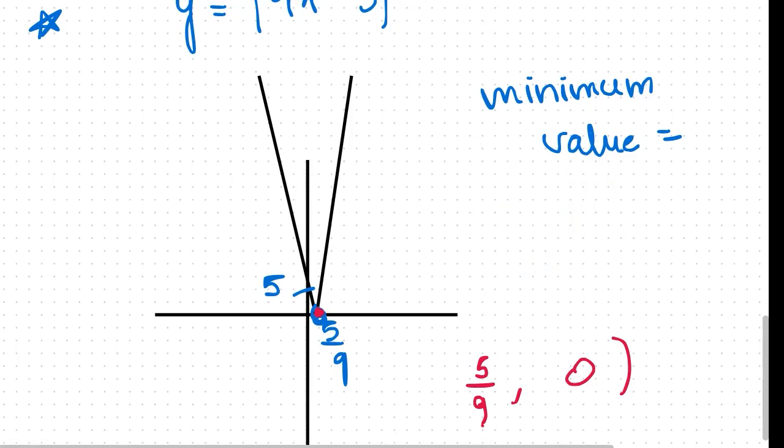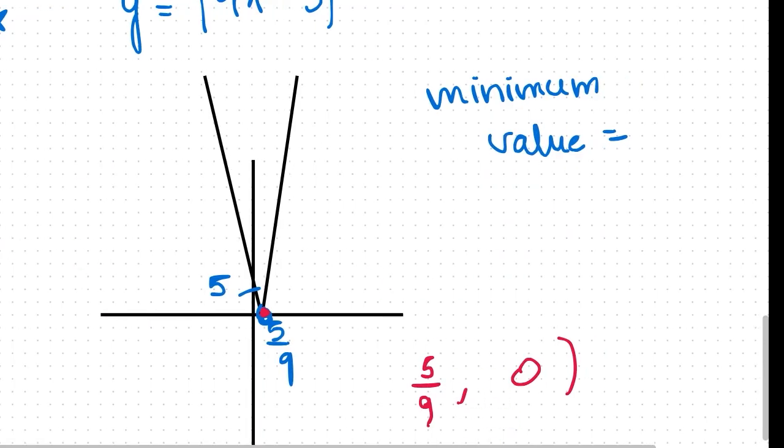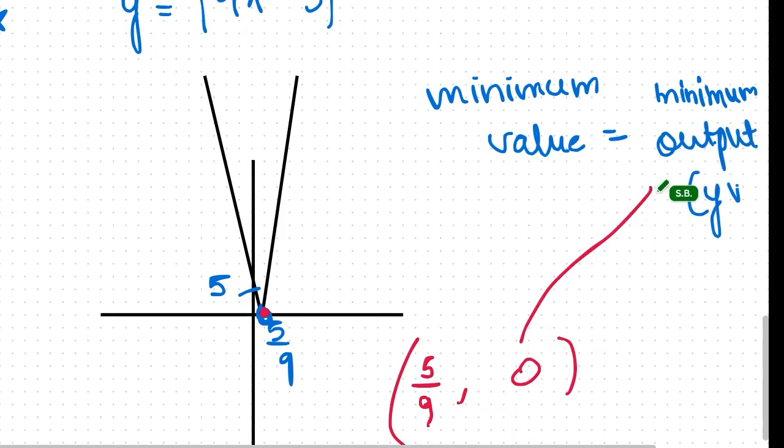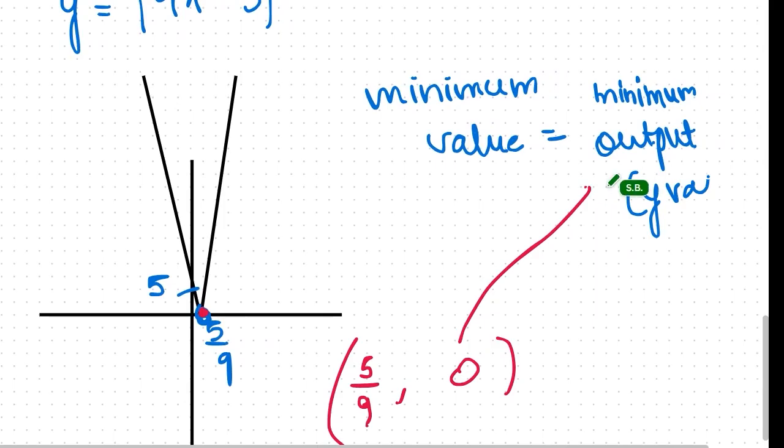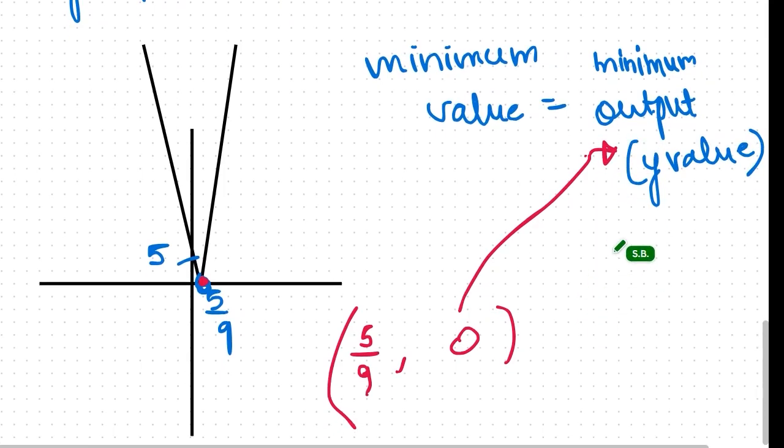The minimum will always be the output y value. So minimum y is 0. So minimum means y greater than or equal to 0.